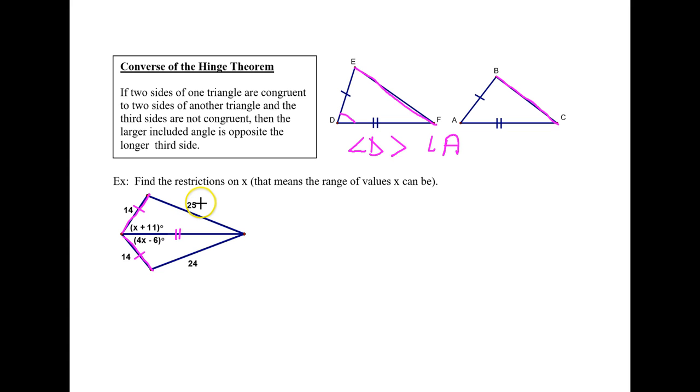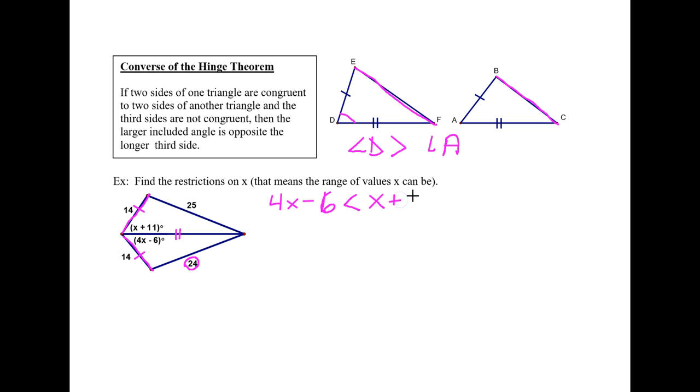So look at the smaller number. That would be 24, correct? So if you look at the angle opposite that, it's going to be smaller than this angle over here. We can set up that inequality and say 4x minus 6 has to be smaller than x plus 11. I would write this on your paper at the same time.